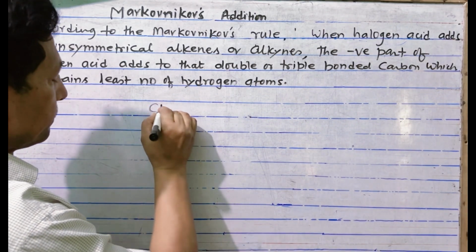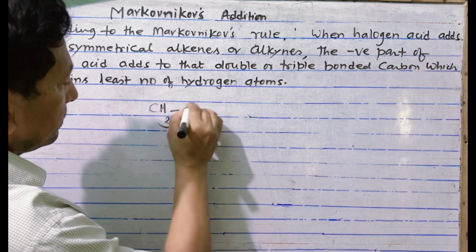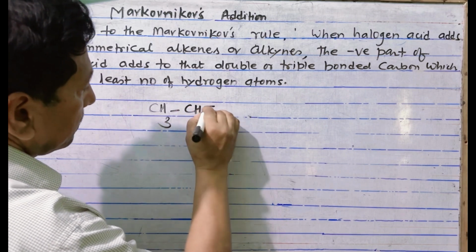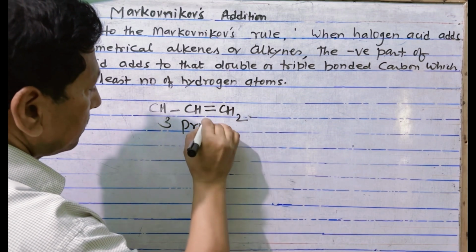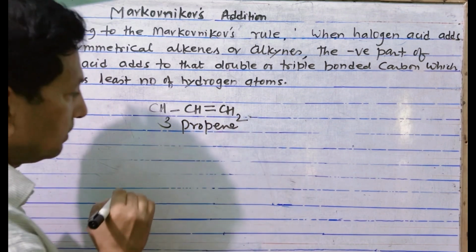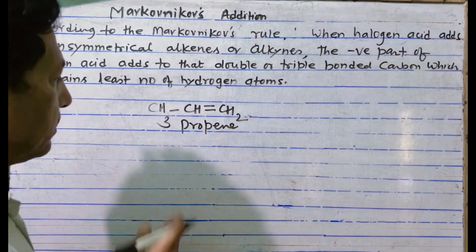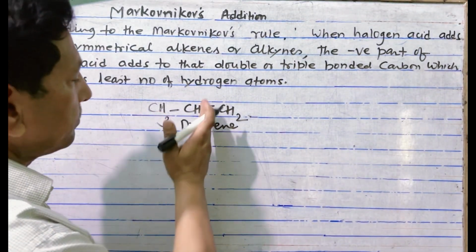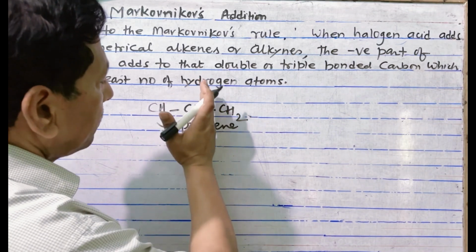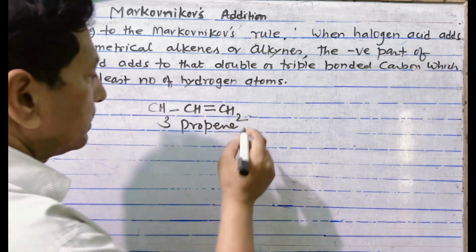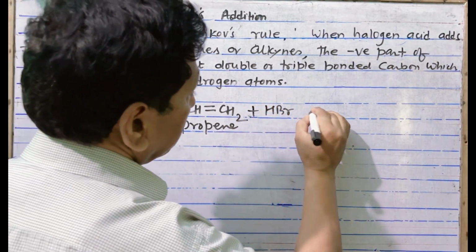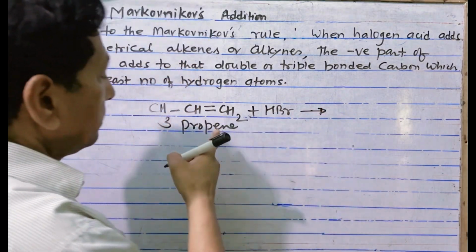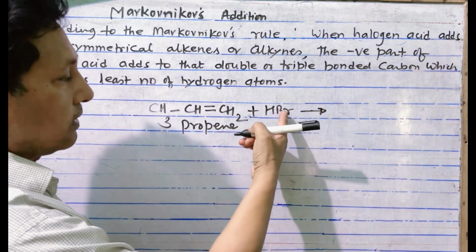Suppose this is propene. This is unsymmetrical, because if you try to take the symmetry from the middle of this double bond, it becomes unsymmetrical. So the halogen acid HBr, you will get the negative part.